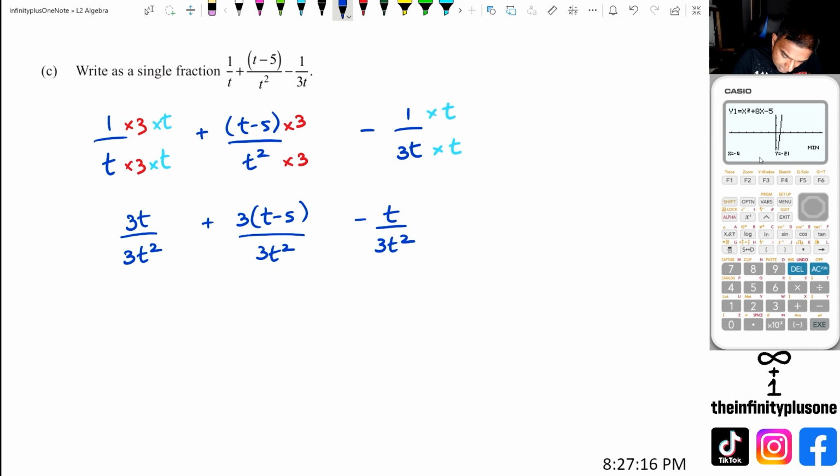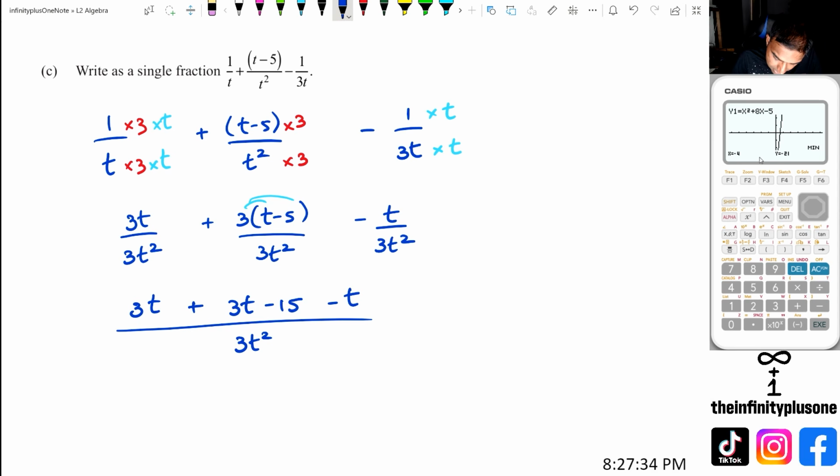So putting this all together, I'm going to expand these brackets here, and I'm going to end up with 3t minus 15 minus t. Now remember, the denominator is 3t squared, so I'm going to put everything together over 3t squared. So I've got 3t plus 3t is 6t, minus t is going to be 5t, and I've got minus 15, divided by 3t squared.